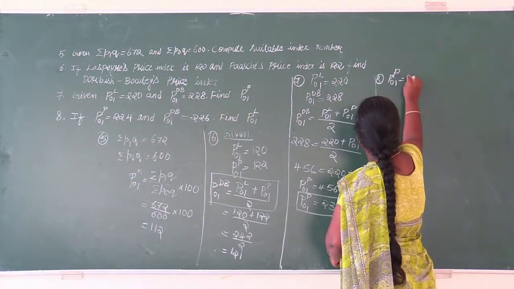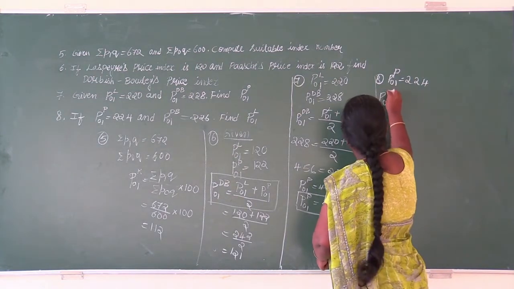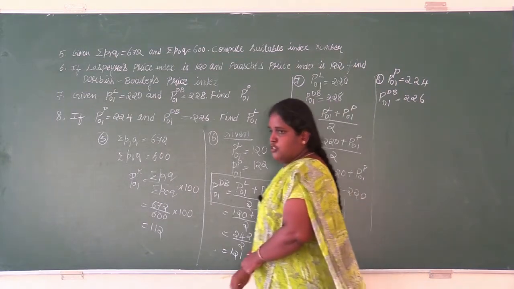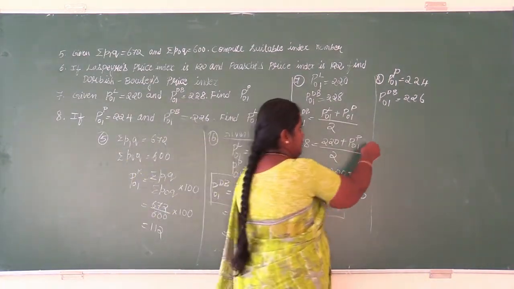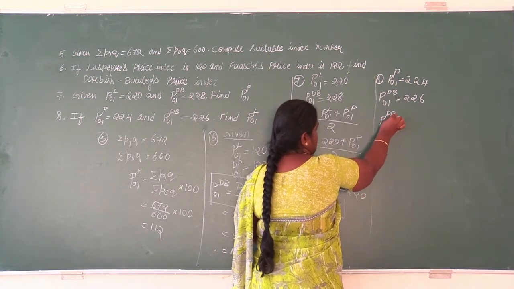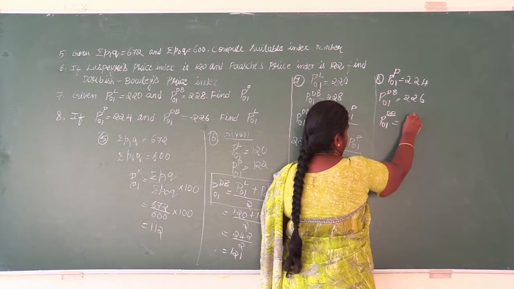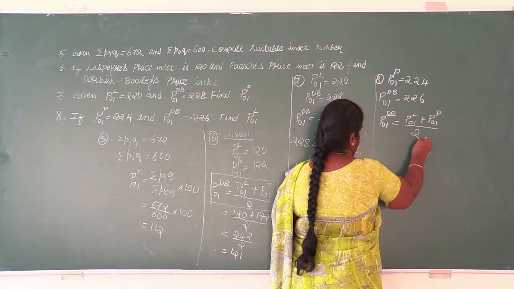P01P is given, it is 224. P01 dB is 226. You have to use the same formula as in the previous method, since we have to find out the Laspeyres price index number. What is the P01 dB formula? It is P01L plus P01P divided by 2.